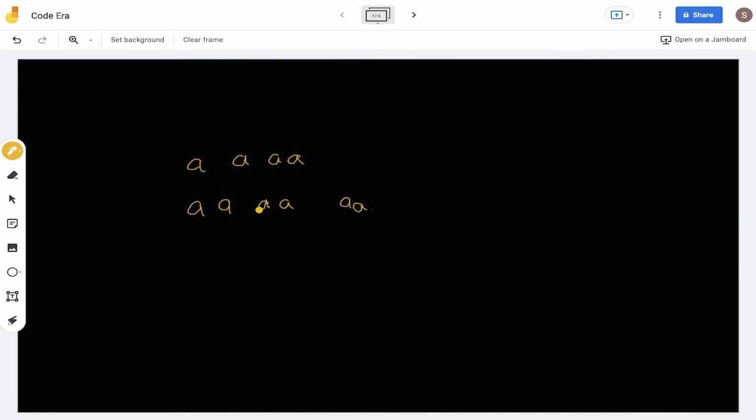If we have removed a bigram from in between, then our condition would not be satisfied, that the last letter of my ith bigram is equal to the first letter of my i plus 1 bigram. So this is not satisfying our condition, that the ith bigram is missing, i plus 1 bigram is missing.